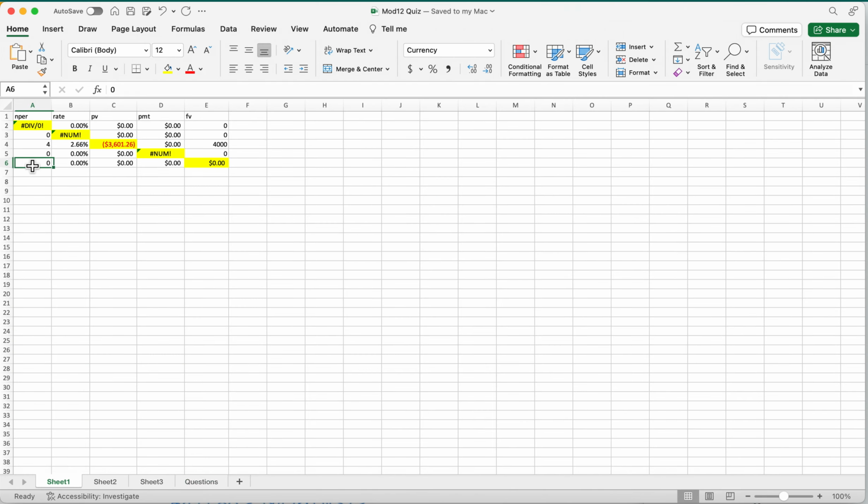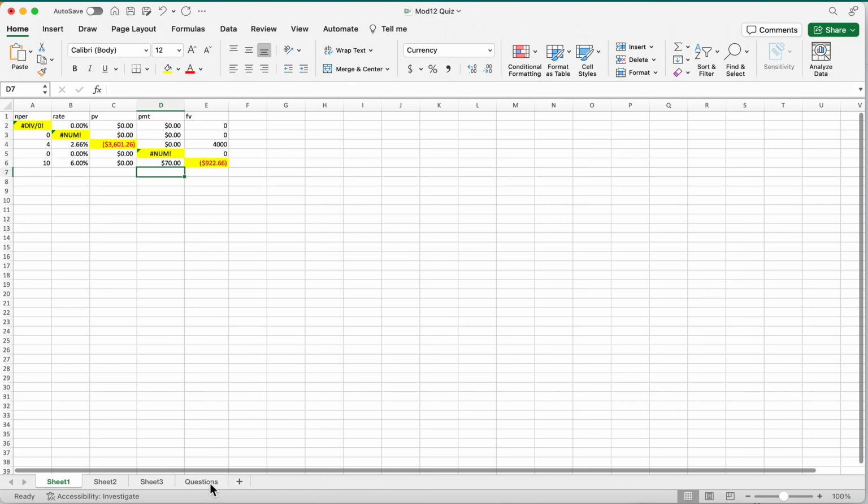Okay, so it's 10 years, so the number of payments is 10. You're getting a 6% interest rate, and then you're getting $0 today, but you do get $70 every year. So therefore, the value of this annuity is $922.66.